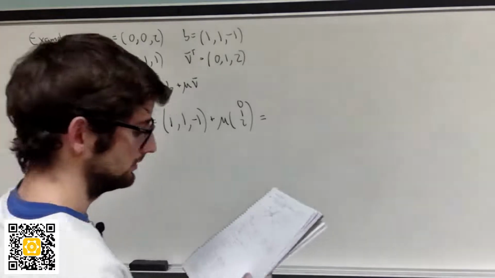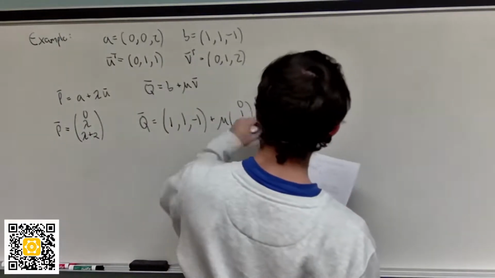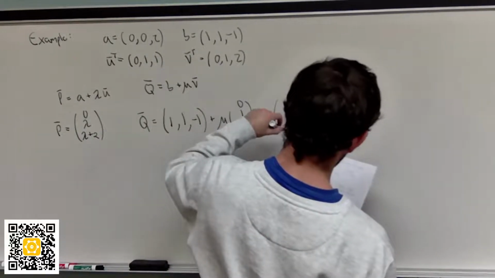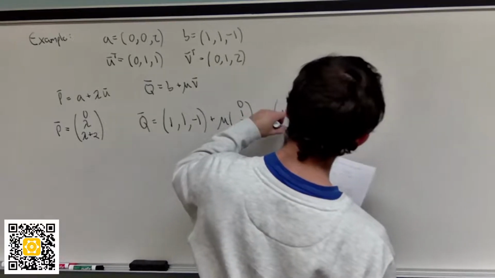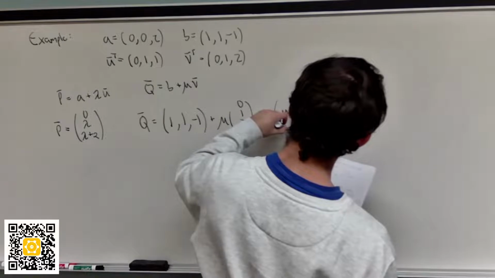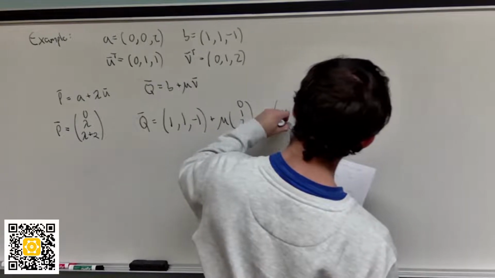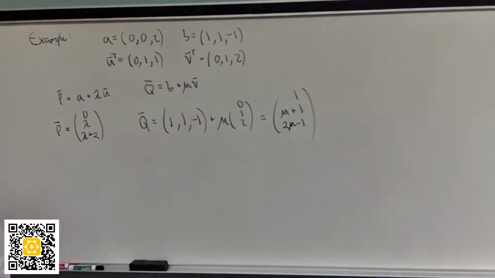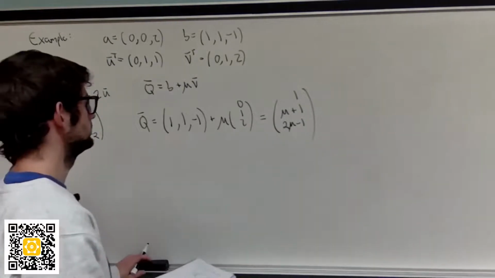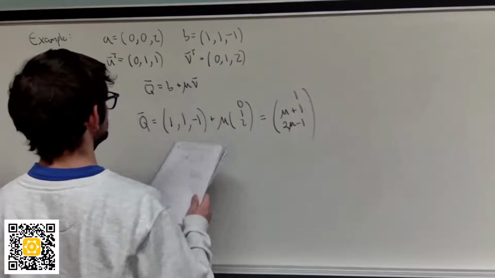That's going to come out to 1, then 1 plus mu, and 2 mu minus 1. Yeah, exactly. Cool. So that's exactly right. It's the exact same process as we did for P, but now we're doing it using the B point and the V vector.